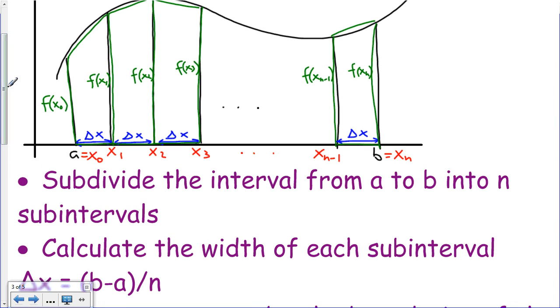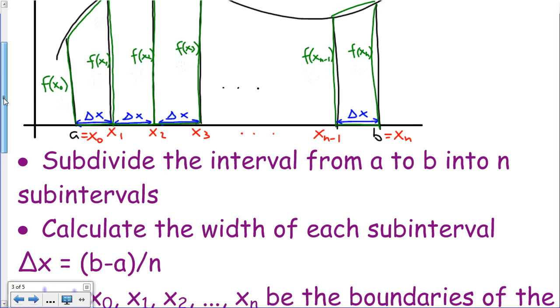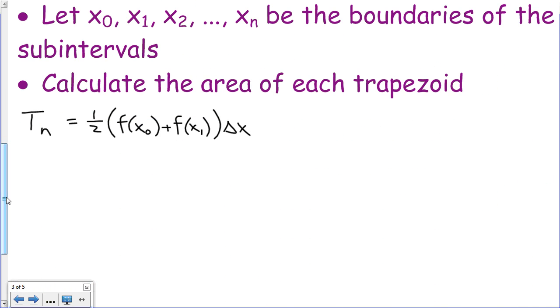For the second trapezoid up here, notice that it has heights, or bases really, of f of x sub 1 and f of x sub 2. Those are the two parallel sides, two bases. And again, the height is delta x. So it's plus 1/2 times f of x sub 1 plus f of x sub 2, times delta x.